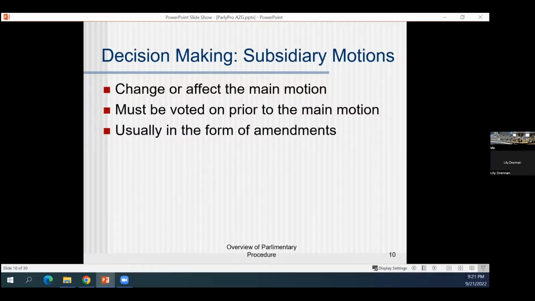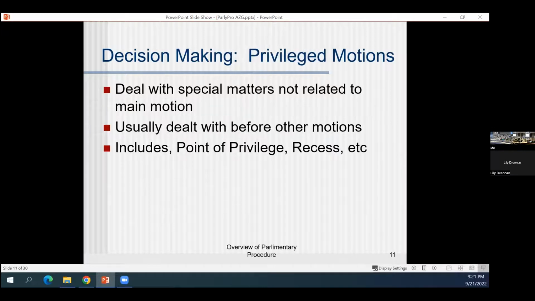Subsidiary motions would be amendments, as I was mentioning. They are voted on prior to the main motion. We can't decide if we're going to spend money if we haven't decided whether we're spending $50 or $75. We have to do that first.